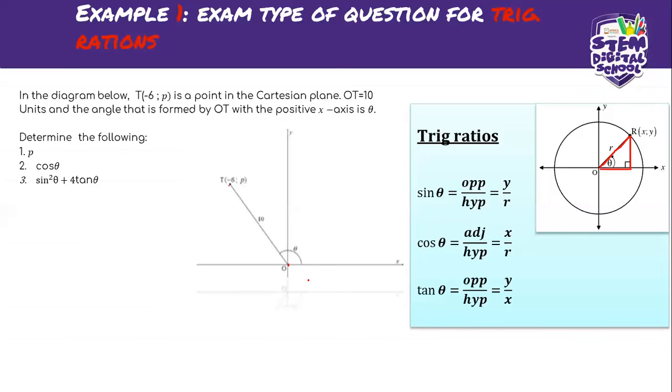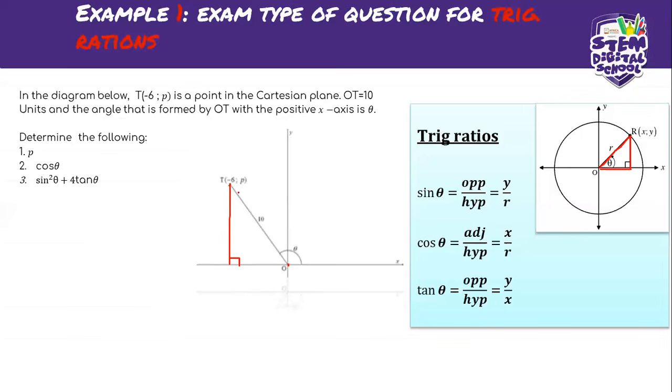Now let us come to this diagram. Before we can start answering that question of P, remember we will have to draw or construct a line like this so that it is very clear to you that you are dealing with a right angle triangle, right?